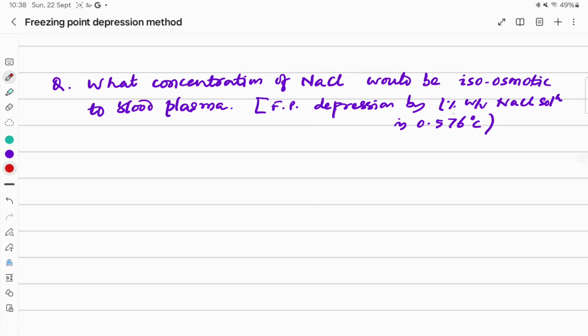The freezing point depression produced by a 1% weight by volume solution of sodium chloride is 0.576 degrees Celsius. So if we use the formula, the percentage weight by volume sodium chloride required is equal to 0.52 by this freezing point depression by 1% weight by volume sodium chloride solution, that is 0.576.